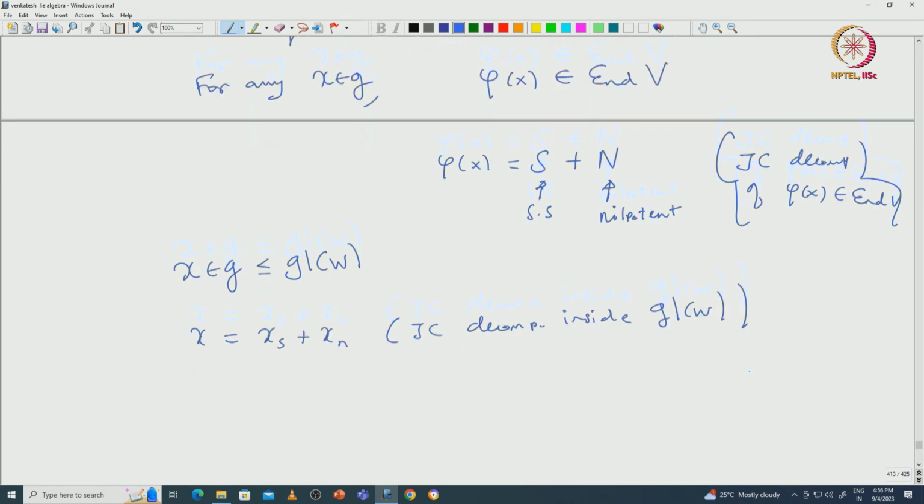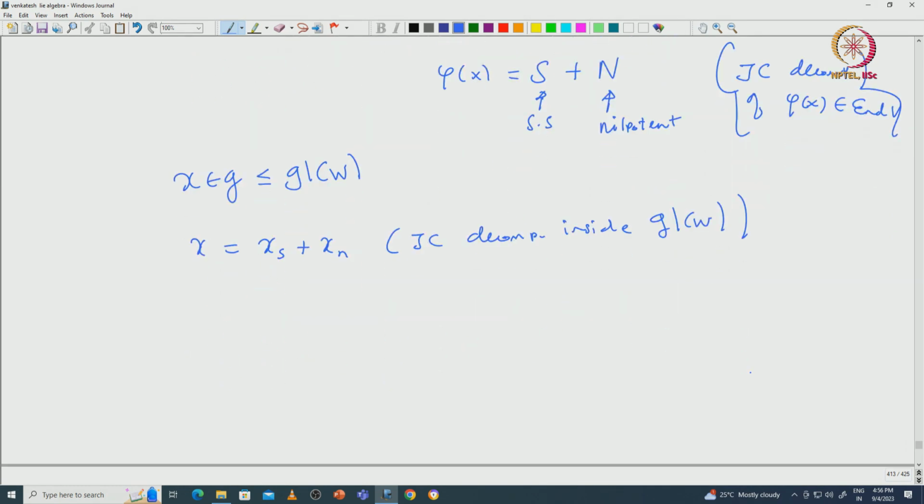The first conclusion is that both x_s and x_n are elements of g. So in particular, we are talking about the Jordan-Chevalley decomposition inside g only.